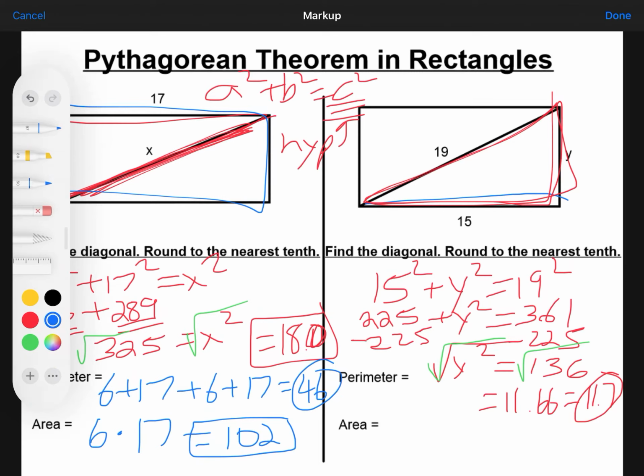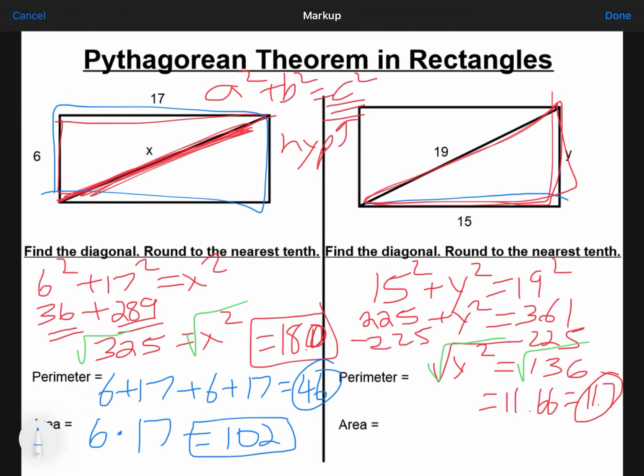All right, and then we have to do area and perimeter. Careful, perimeter is just add up all the sides, not the number 19. 15 plus 11.7 plus another 15 plus another 11.7 comes out to be 53.4.